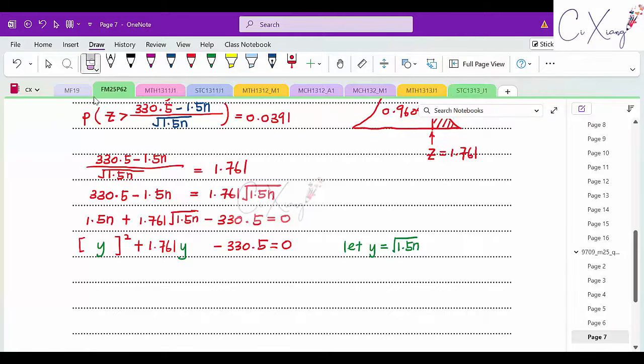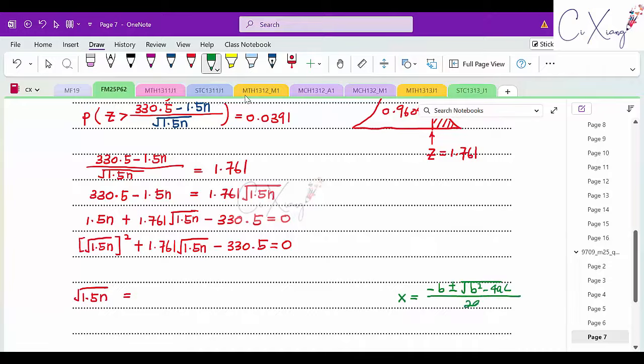For me, I will still want to keep it as square root 1.5n. Imagine when you want to solve a quadratic equation by using the quadratic formula. To find the y, what is the formula that you have? Instead of y, I put square root 1.5n. In a quadratic equation, x equals negative b plus minus square root of b squared minus 4ac, divided by 2a.